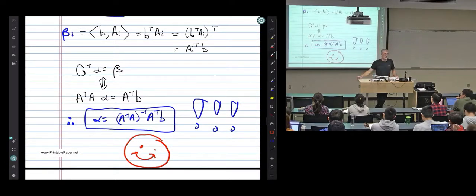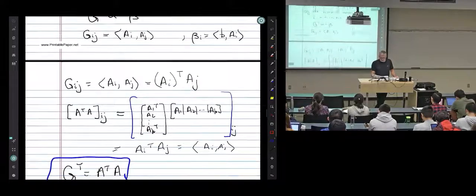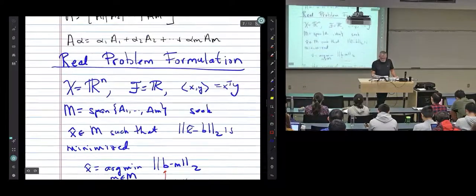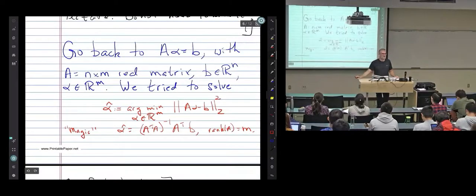Question? Are there ways to show that similarly there is an optimal thing if M is not a subspace? Obviously it's harder, but is it possible? Let's see, I don't know if I quite got all of that. So here we're assuming that the rank of A is equal to M, so the columns are linearly independent.